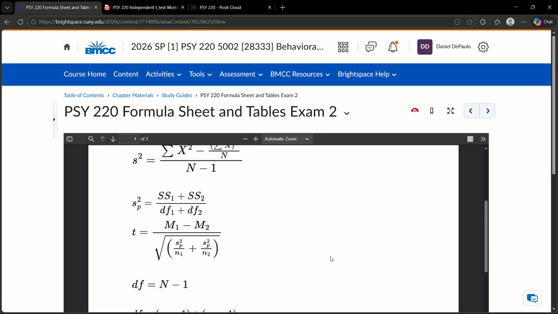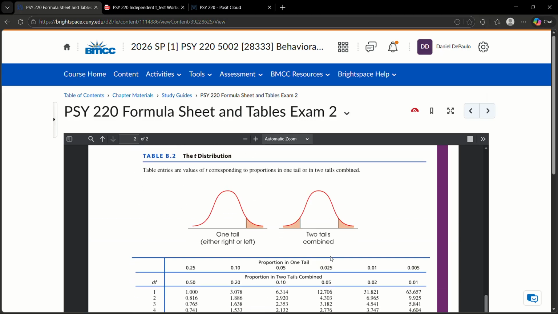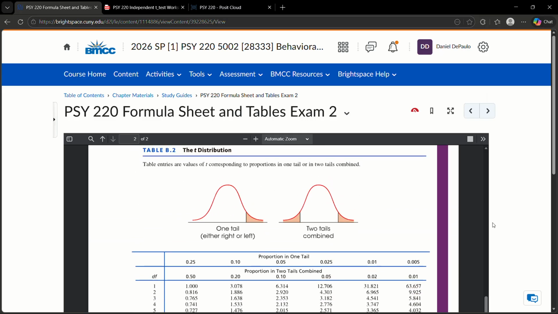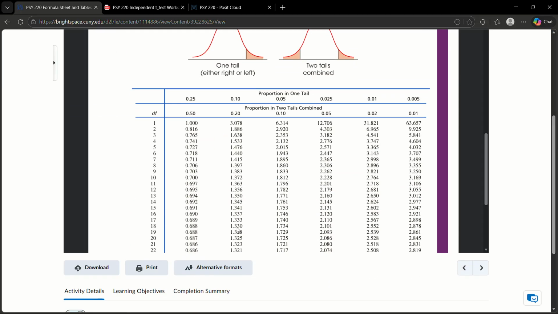And that gives me the formulas, which I already wrote down. But it also gives me the table, the T table. So we're going to look at this T table. We want 0.05 one-tailed. So go to the top row that says proportion of one tail.